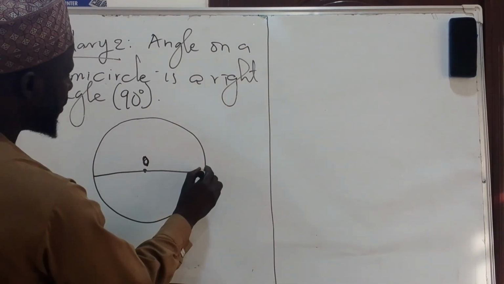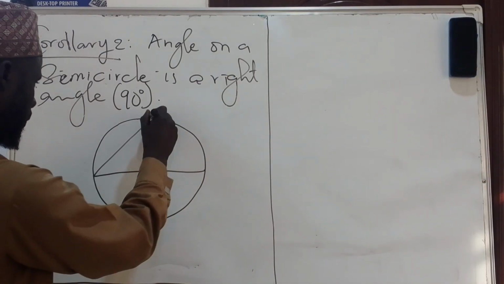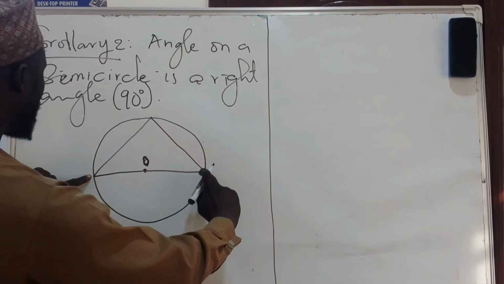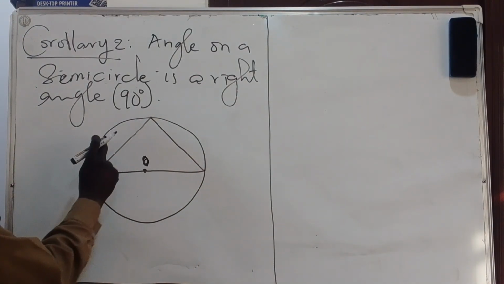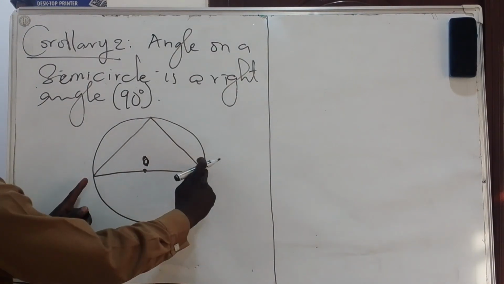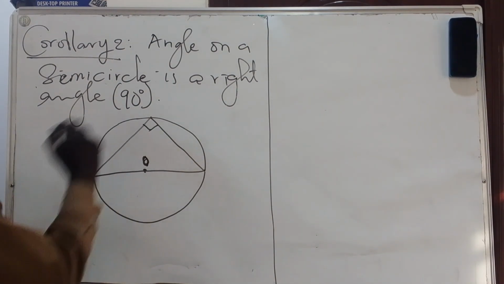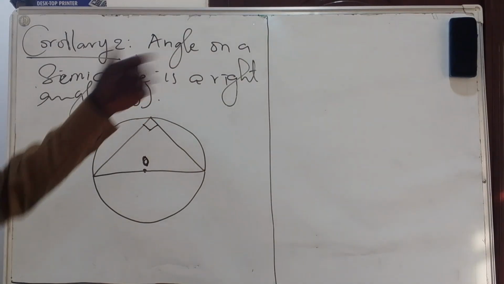So you have a diameter like this, and an angle formed from the end point of the diameter to meet on any part of the circumference, even if it is here or here, then you have a right angle. That is an immediate consequence of what we have just proved.